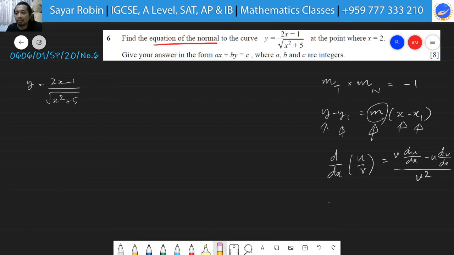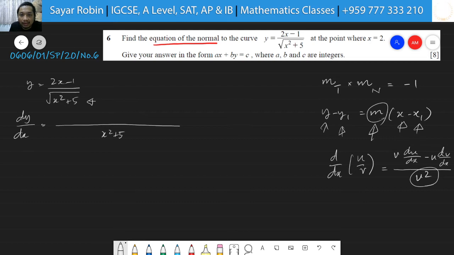The formula should be strictly like this. So dy over dx is equal to, this is a division line, and then v squared, so we can do this one first. The square root of x squared plus 5 raised to the power 2 is going to be x squared plus 5, obviously.